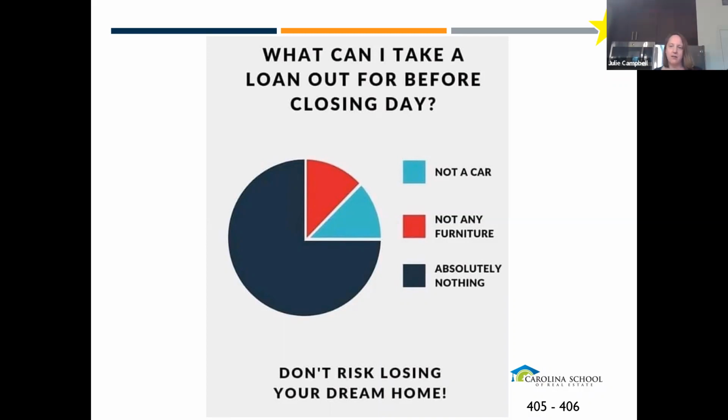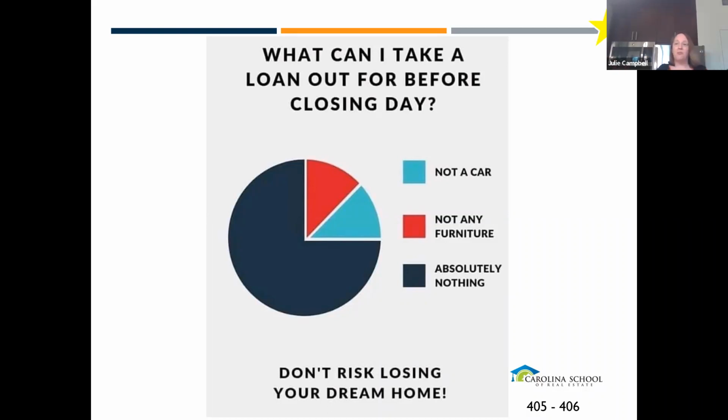I hope we see the humor in this, but guys, this is real. There have been buyers under contract that have gone out and financed a brand new car. That ruins their chances of getting a mortgage loan. There have been buyers under contract that have run to Rooms To Go and opened an account and got a dining room, living room, started furnishing this home that they don't own yet.